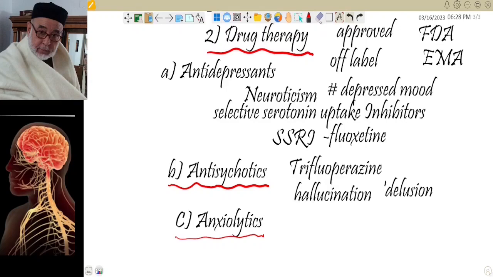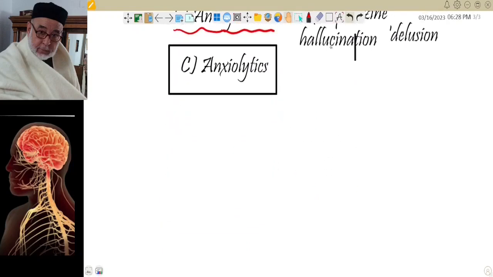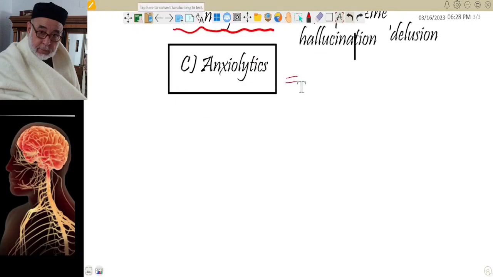And this will be the main group which we will discuss, inshallah, in the next minutes. Okay? Anxiolytics. What does it mean, anxiolytics? Anxiolytics are drugs which are used to treat anxiety, to provide calmness to the patient, to decrease the fear with apprehension, to give feeling of calm.